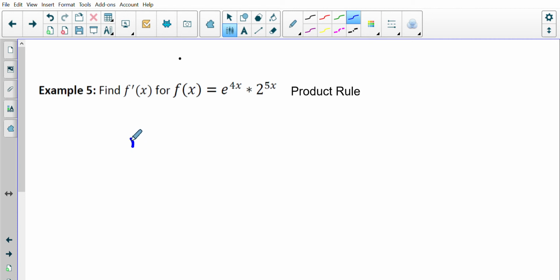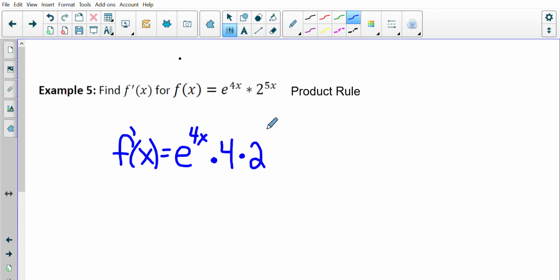All right, so let's see here, finding the derivative. Again, with the product rule, we take the derivative of the first term, which again is going to be e to the power of 4x times the derivative of the exponent, which is just a 4. All right, then times, let's see here, our second term, which is 2 to the power of 5x.